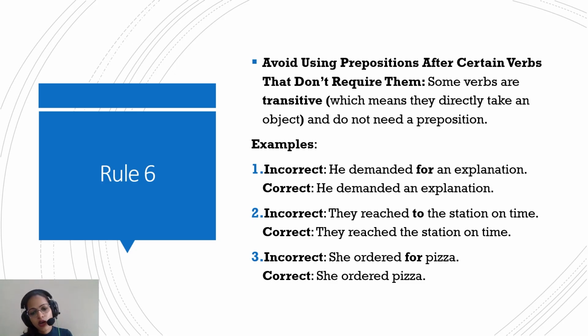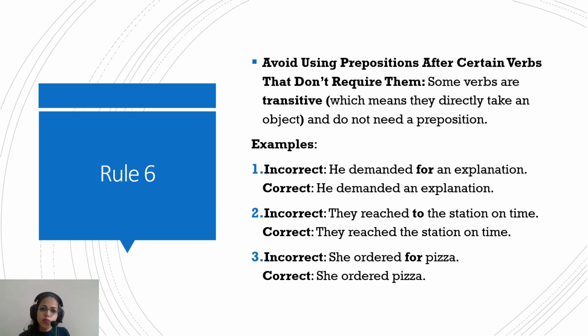She ordered pizza. "Ordered" itself says that somebody is asking for something. You cannot just say "she ordered"; something is expected after it. So the word order itself gives a sense of an object following. Then what is the use of a preposition? Similarly, "she reached": if you're reaching somewhere, it already gives a sense that you were going somewhere and are about to arrive.